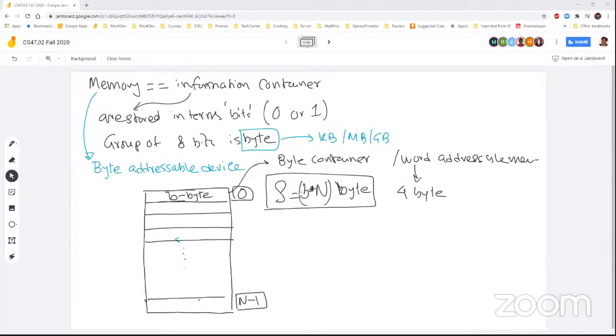So now the question becomes: how many bits are needed for 0 to n-1 address representation?